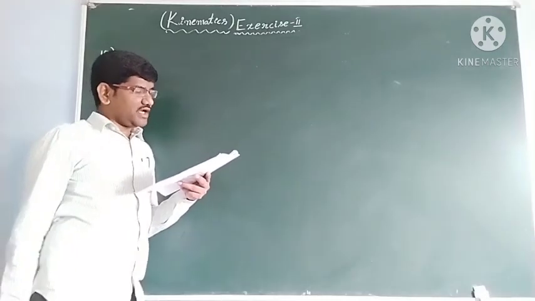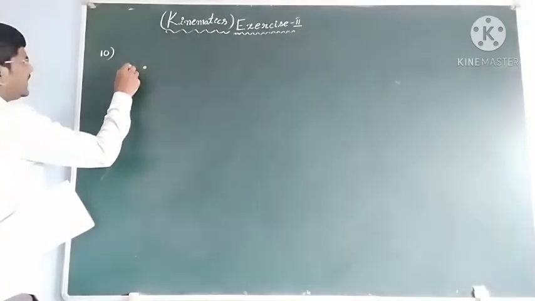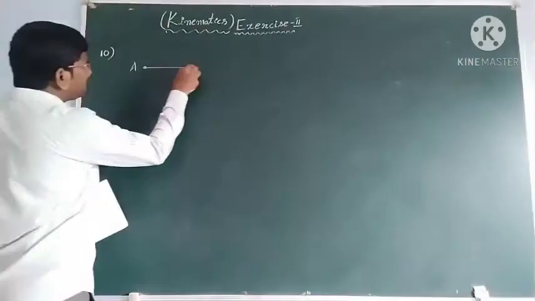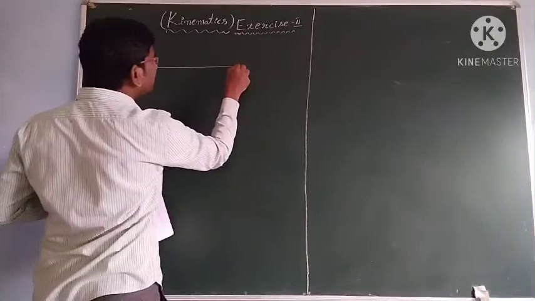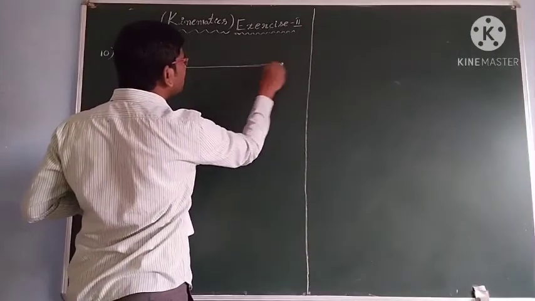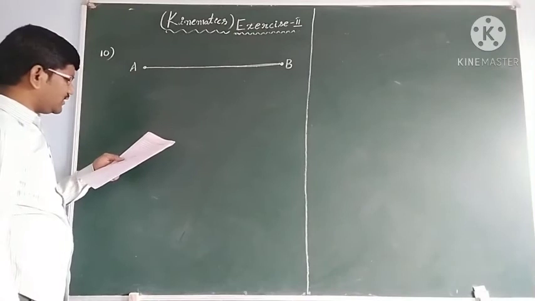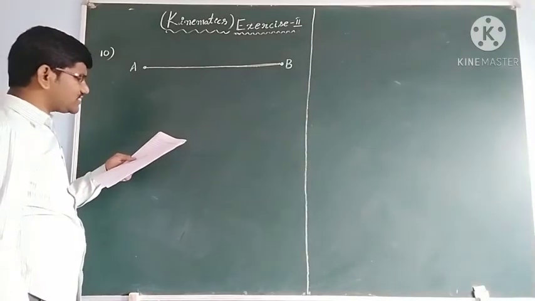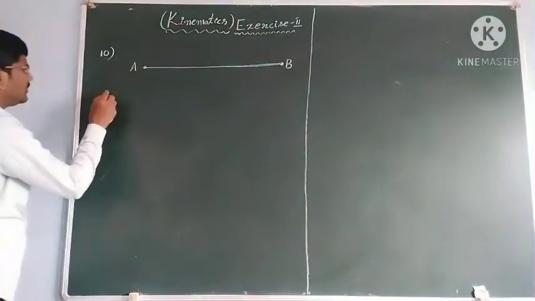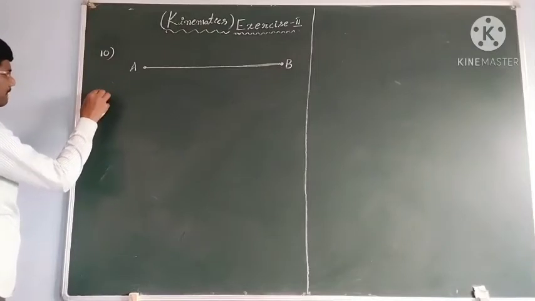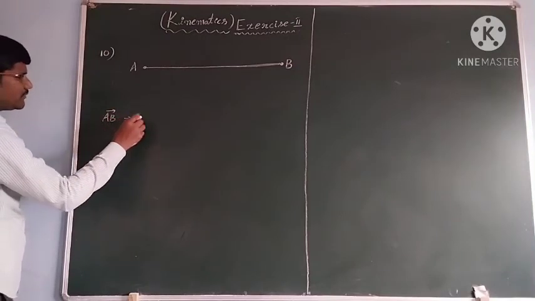So for the journey A to B, the boy is moving from A to B. Take this as point A, and he is moving from A to B. So for the journey A to B, the boy travels with speeds 5, 10, 15 for equal time intervals, while going from A to B.